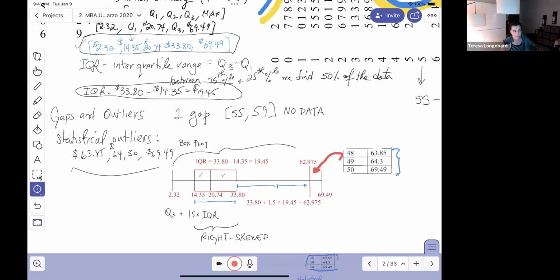It's a quarter of 50, which is like half of 25. It's like 12 in here, 12 in here, 12 in here, and 12 in here.